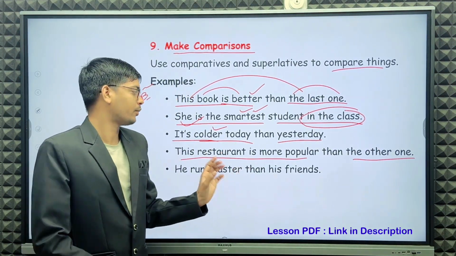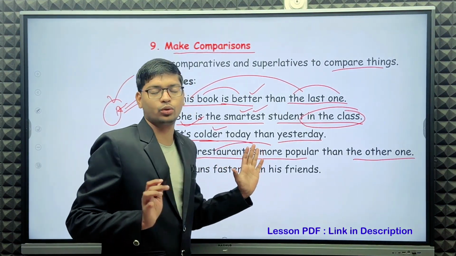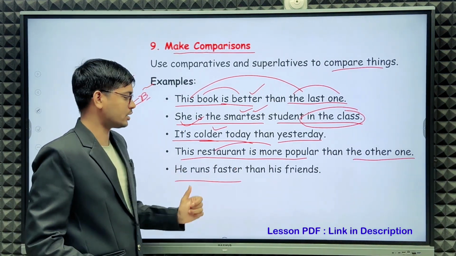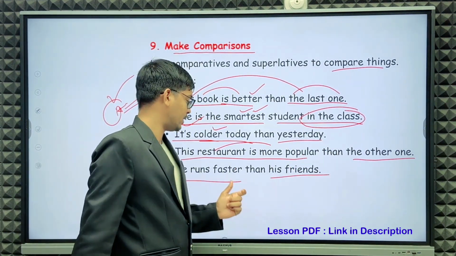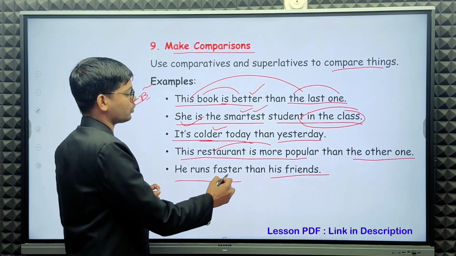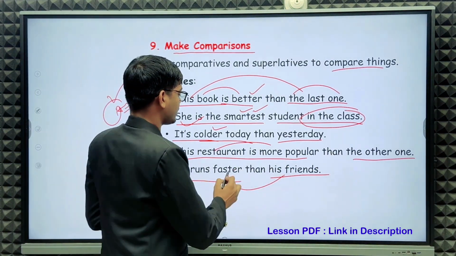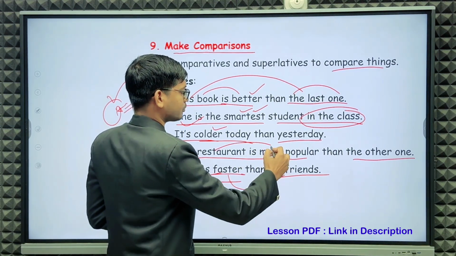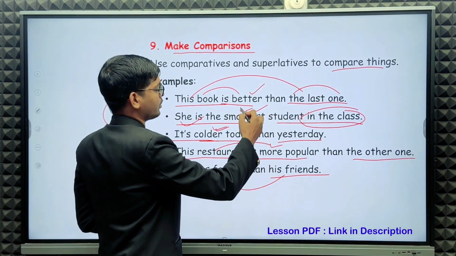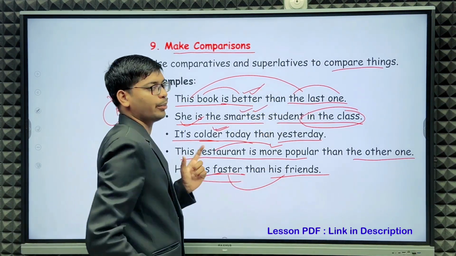Also a comparison of two things. Next, he runs faster than his friends. Here faster and more are comparative degrees, colder is comparative, smartest is a superlative degree, and better is a comparative degree.